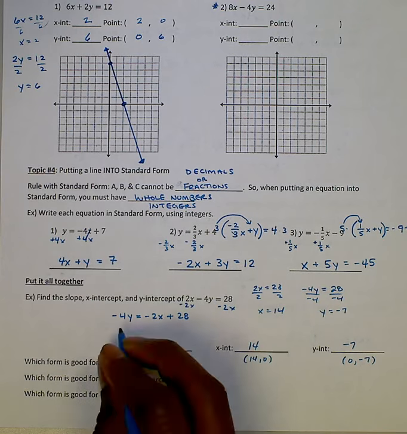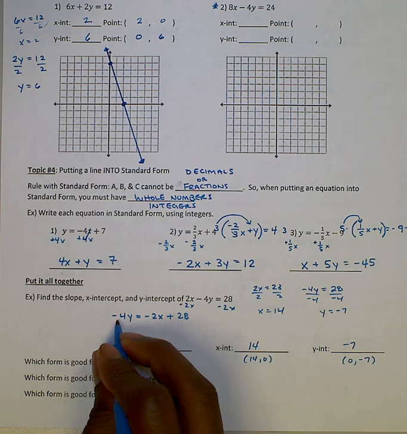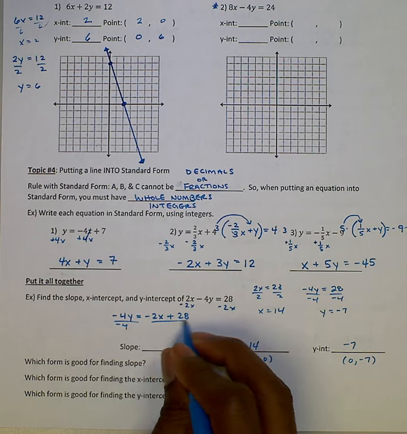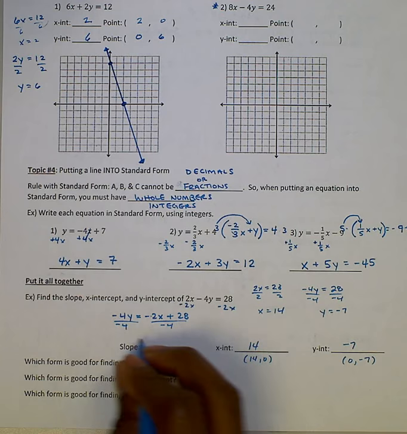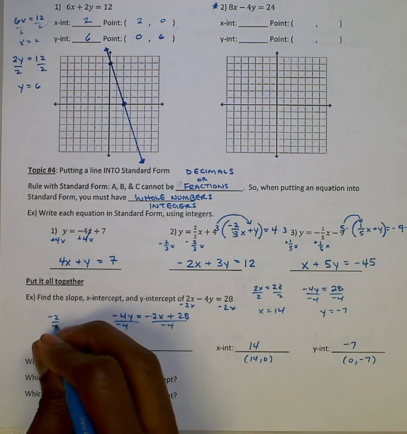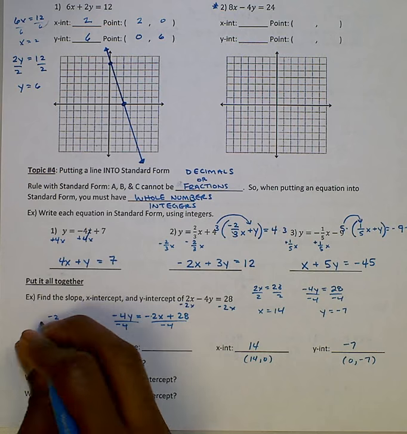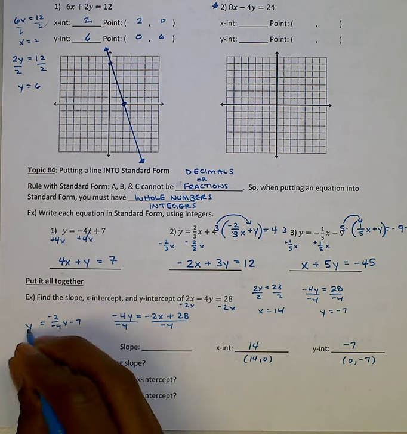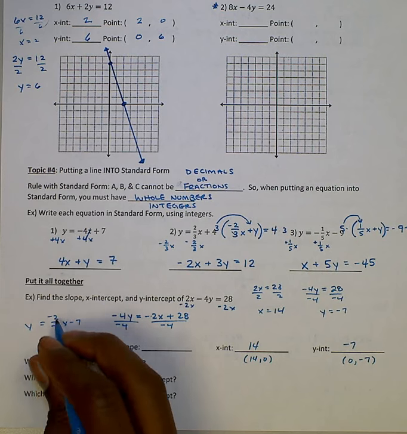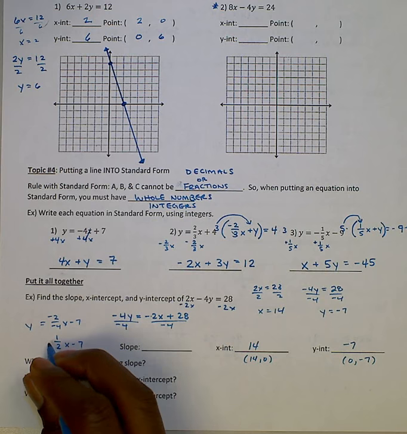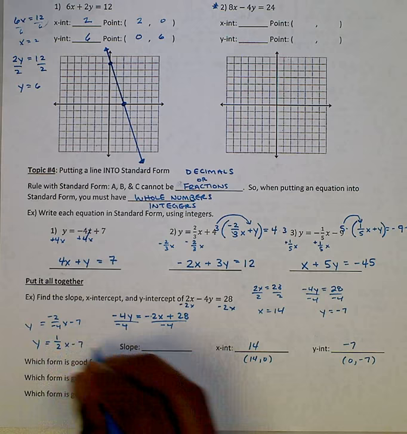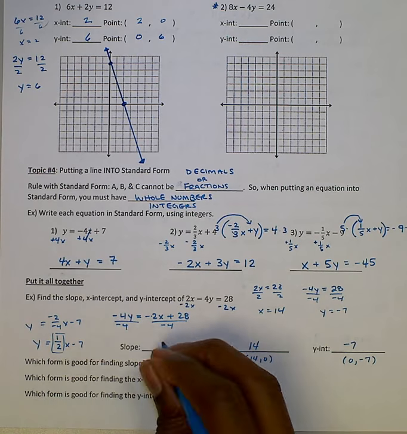And then, to get y all the way by itself, I'm going to divide by -4, both sides. And so I have -2 divided by -4, x minus 7. Remember, negative divided by negative is positive. 2 over 4 is 1/2, so I have 1/2 x minus 7. So what's my slope? Because that's what they really asked me for. My slope is 1/2.